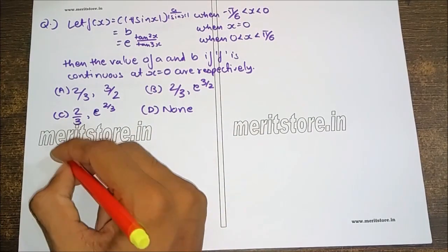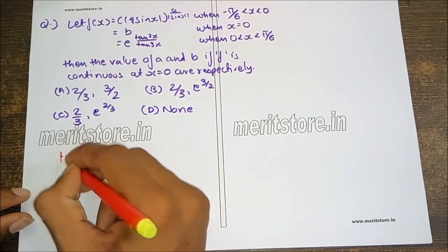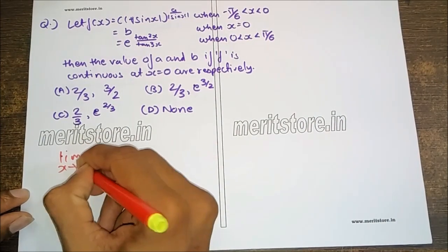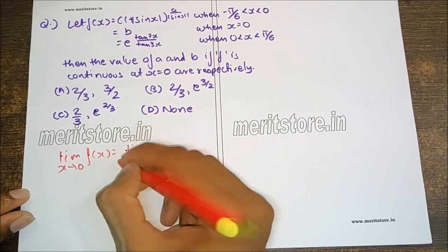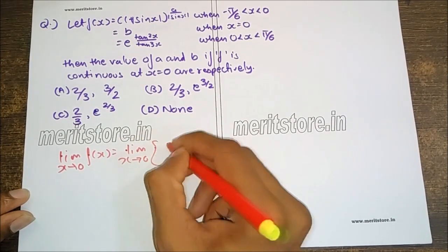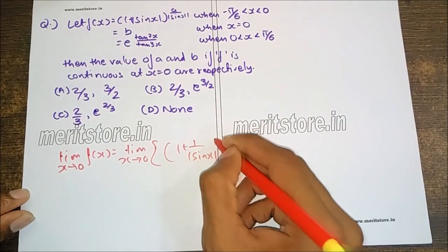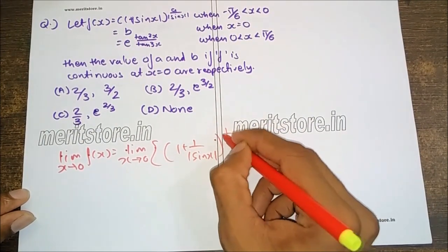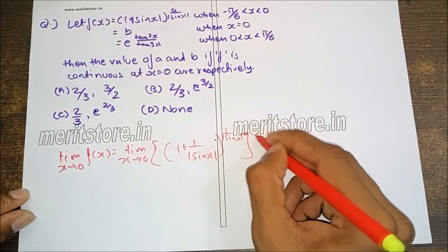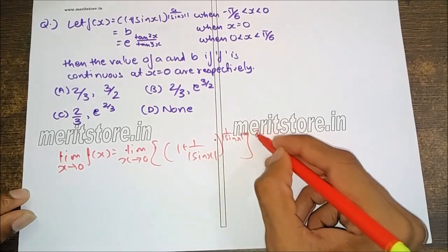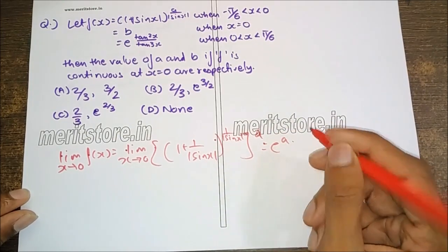So limit x tends to 0 from the left hand side of f(x) is equal to limit x tends to 0 of (1 plus mod of sin x) raised to 1 upon mod of sin x, which is raised to a, which we get equal to e raised to a.